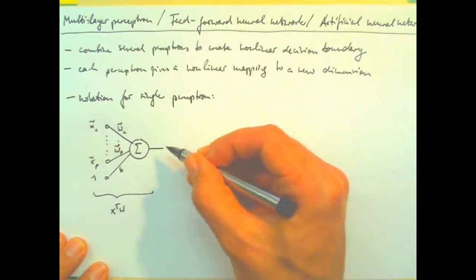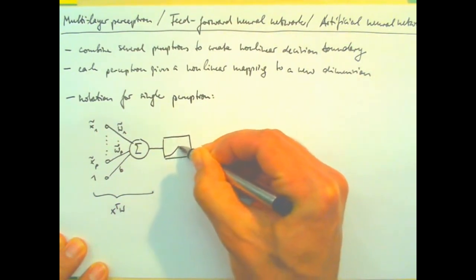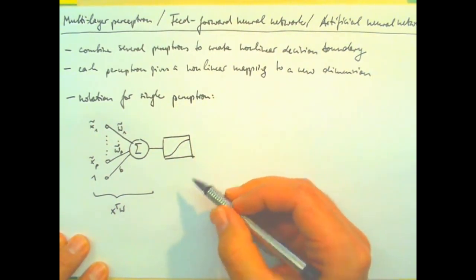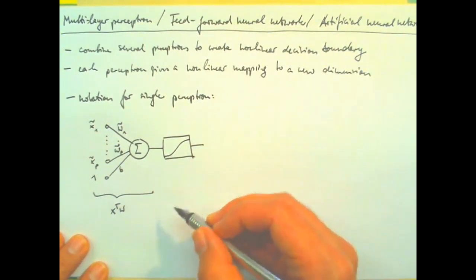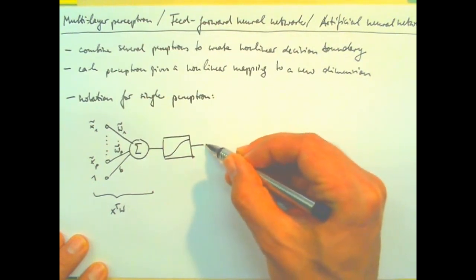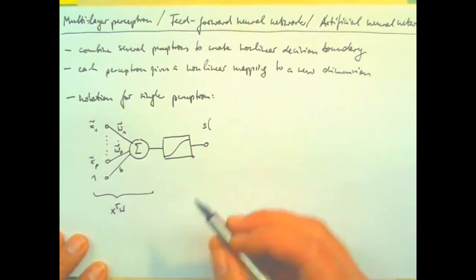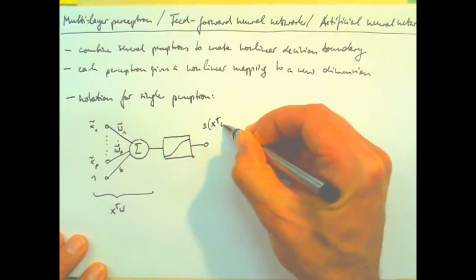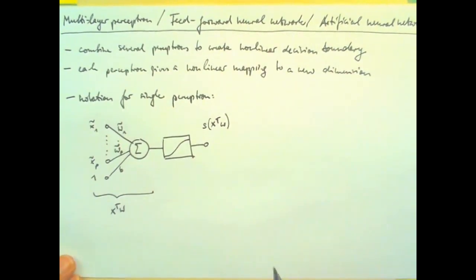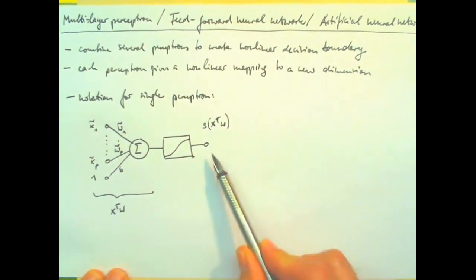And this output is now piped through the activation function, which is typically a sigmoidal, so that at this point I now have, and this is why I used an S before, this should be reminiscent of sigmoidal. So at this point here I have my sigmoidal function evaluated at position X transpose W. And you see that these were my original inputs, and down here I have now produced a new artificial input.